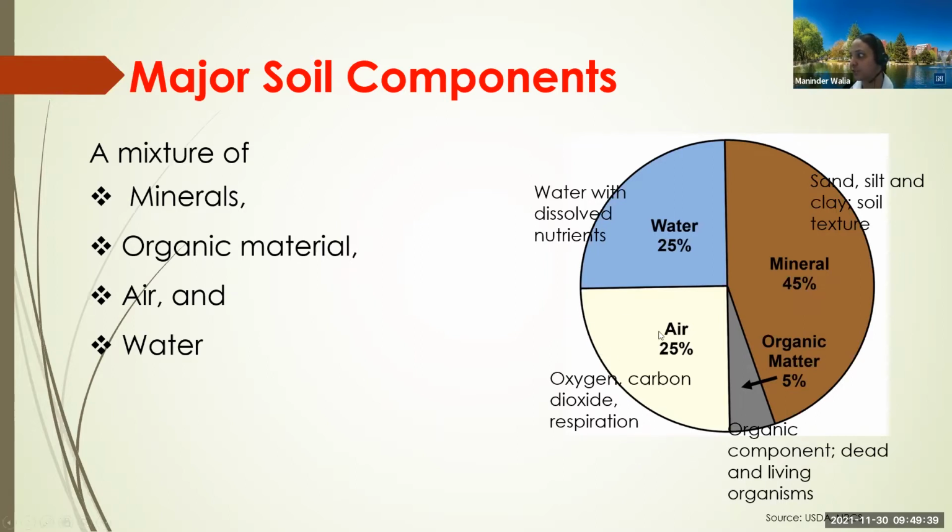Then we have 25% air, which contains the gases that help with respiration and gas exchange. Then we have 5% by volume organic matter, which includes the dead and the living organisms. So this is an ideal soil composition, and it varies from location to location.